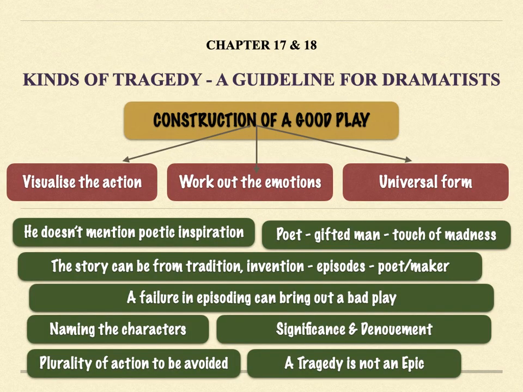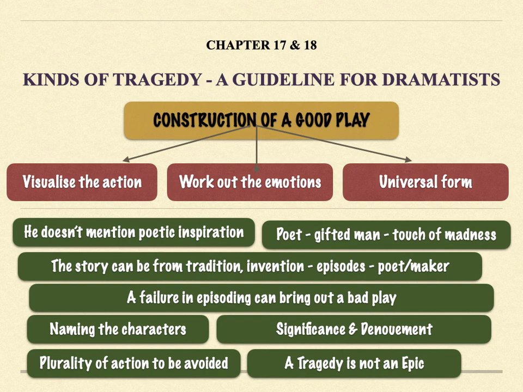Moving on to the next chapters, chapters 17 and 18. Here, after listing the different ways of recognition, he moves on to the different kinds of tragedy. So in fact, he is giving a guideline for the new dramatist, like how to write a play or how to bring out your characters.